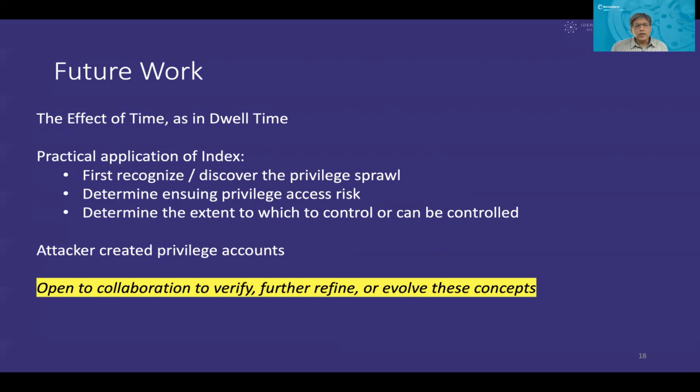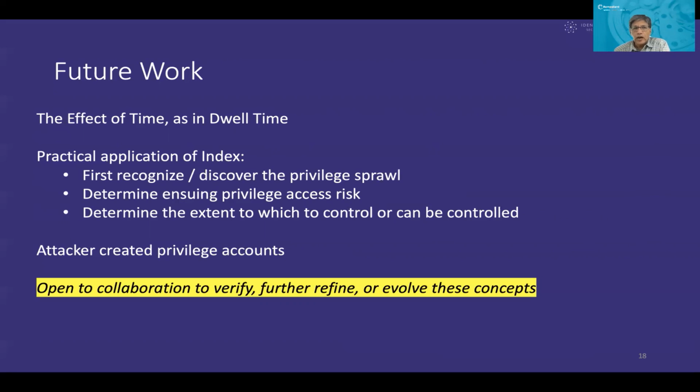We also want to look at some practical applications of the index. So how do we, empirically and through this model, determine and quantify privilege sprawl, look at how the intersecting accounts exist within a given environment, arrive at that privilege sprawl index number between 0 and 1, use that to gauge privileged access risk, and then from there determine to what extent you want to control this privilege.